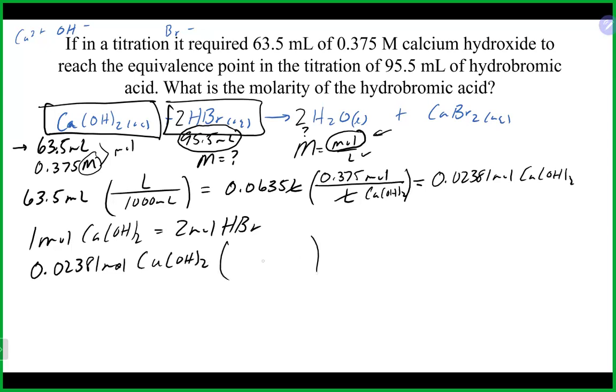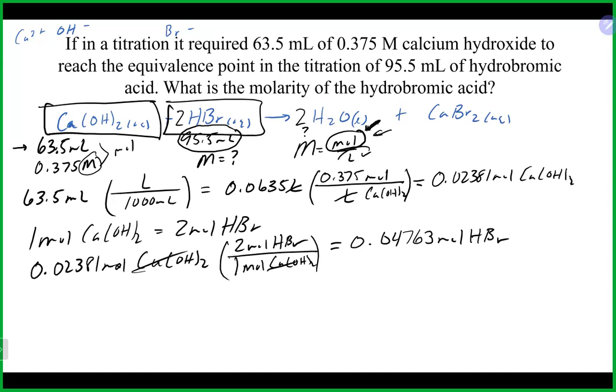And again, we want to go with calcium hydroxide on the bottom so that they cancel in the moles. And up on top will be our moles of HBr. So those guys will cancel. So that'll get us 0.04763 moles of HBr.